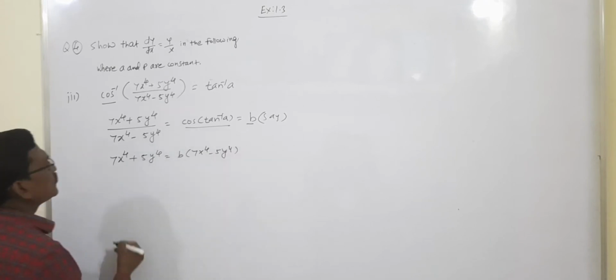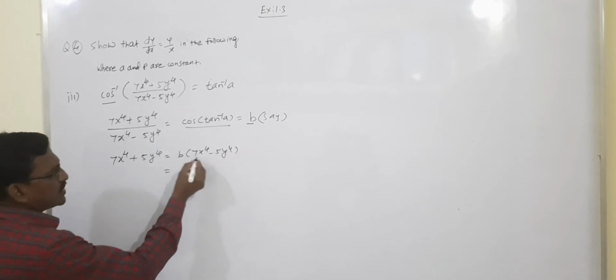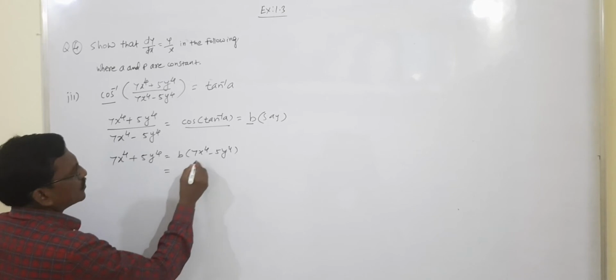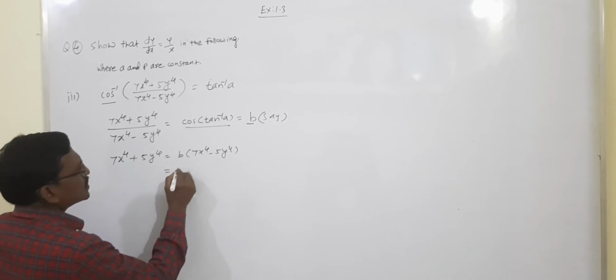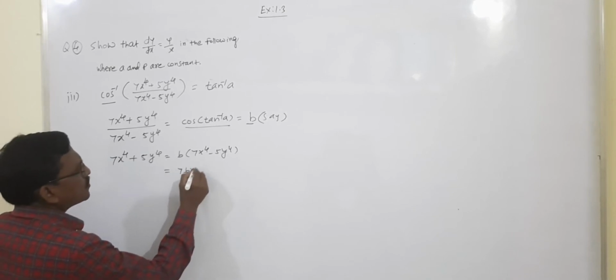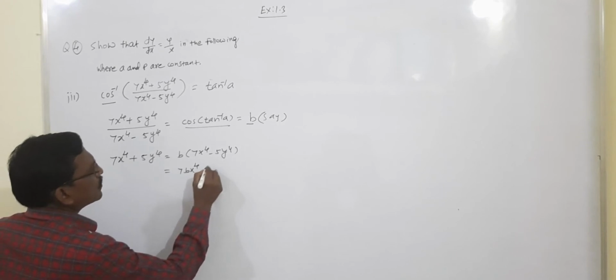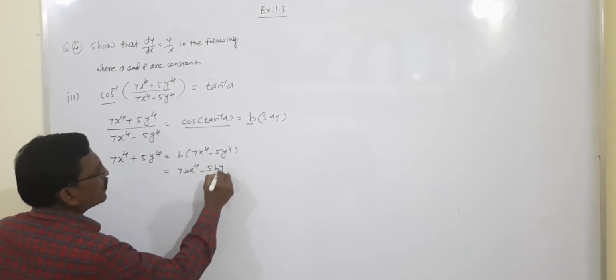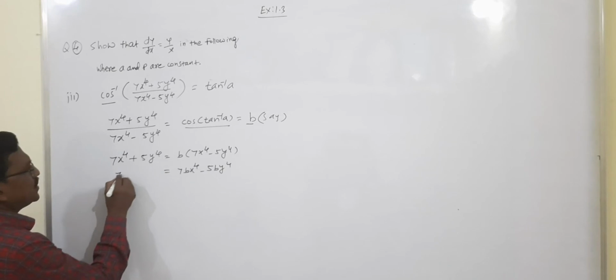Now we multiply this b to both terms, it is 7bx^4 minus 5by^4. This term as it is.